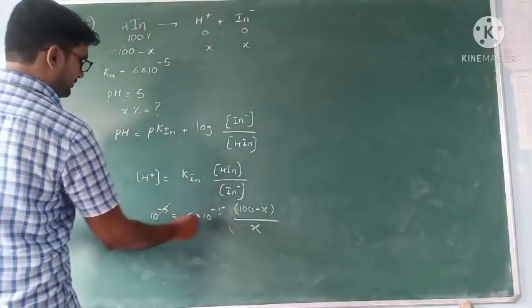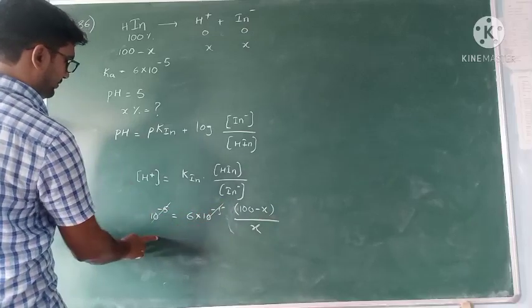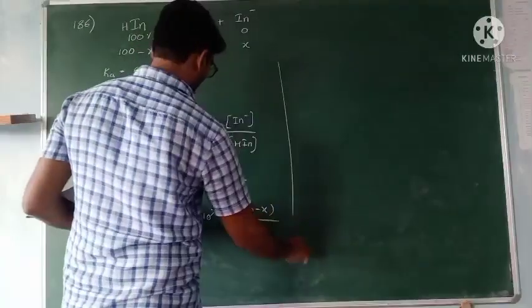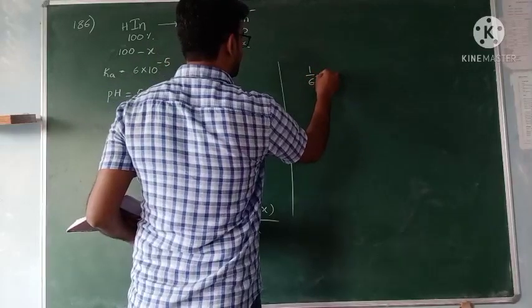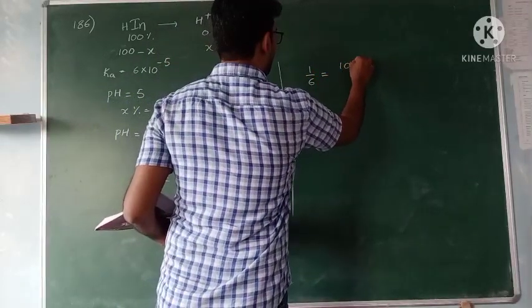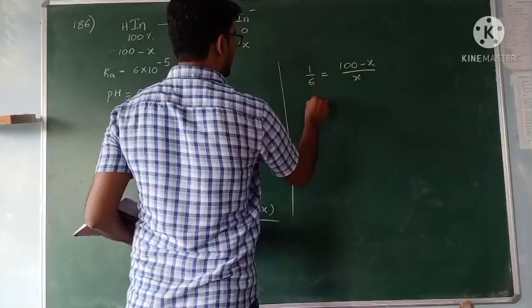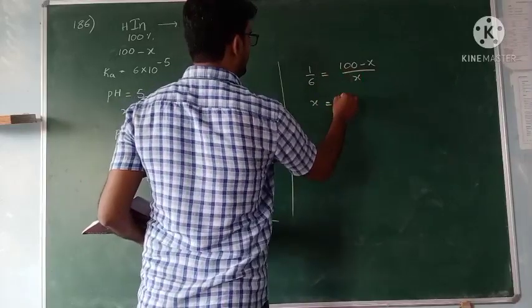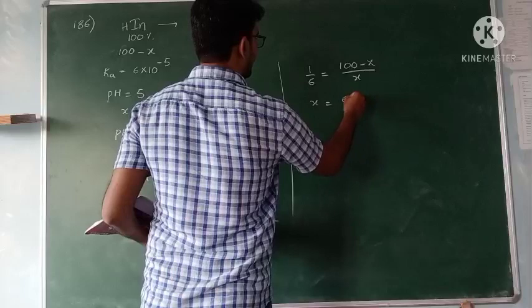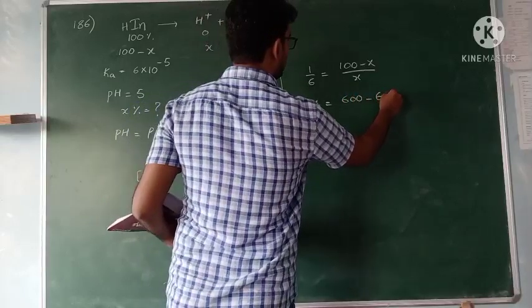Okay, 10 to the power of minus 5 cancels on both sides. This 6 moves to this side, 1 by 6 equals 100 minus X by X. X into 1 is X, and 6 into 100 minus X is 600 minus 6X.